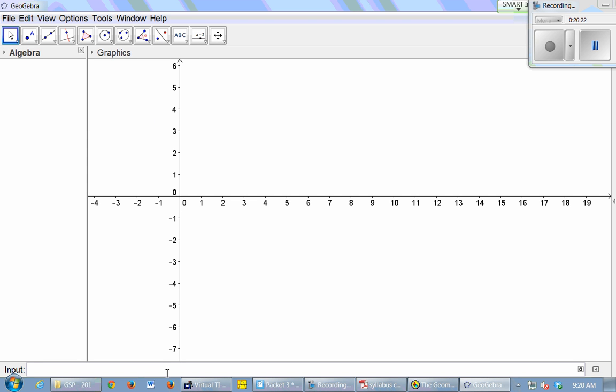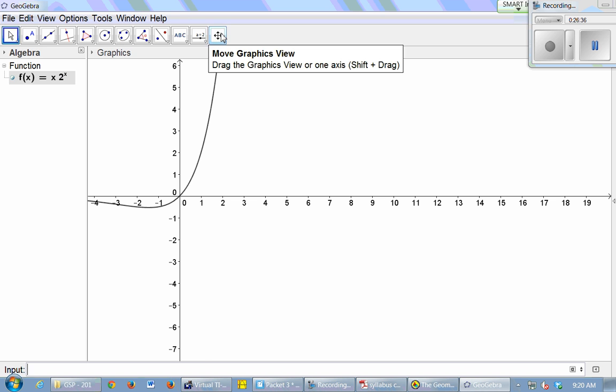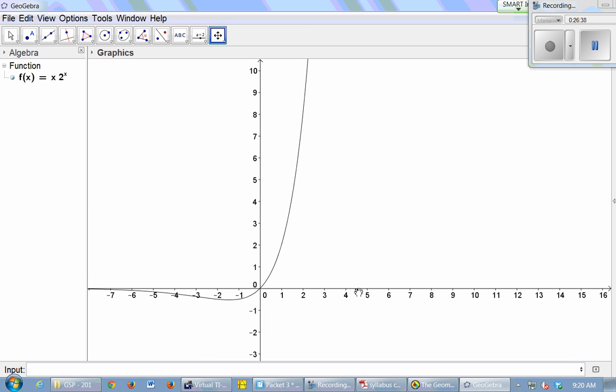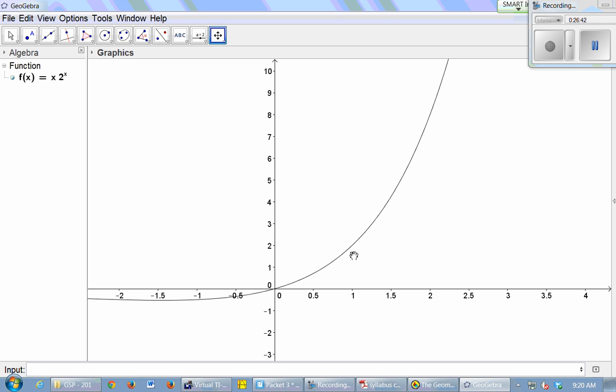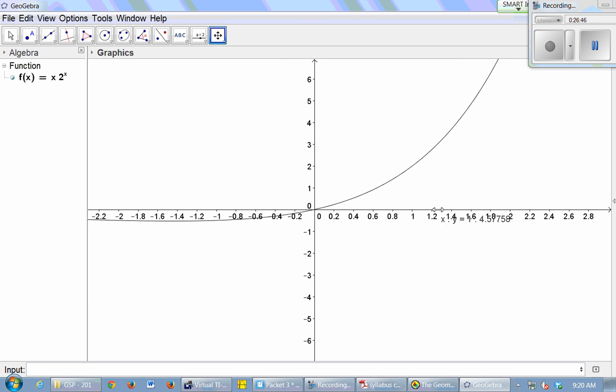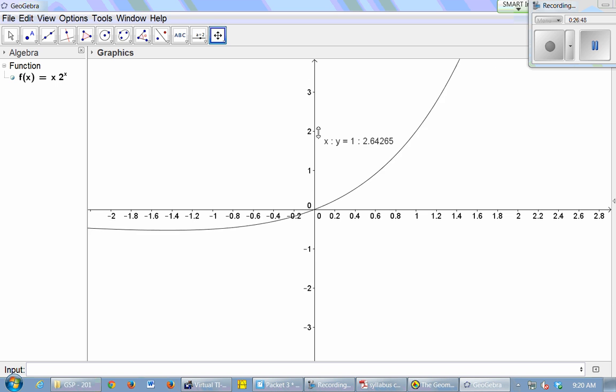So f of x equals x times 2 to the x. All right, so here's my function. I'm interested in its tangent line at x equals 1, so I'm just adjusting the window so that that'll be easily seen.